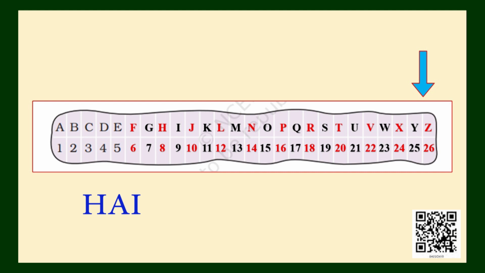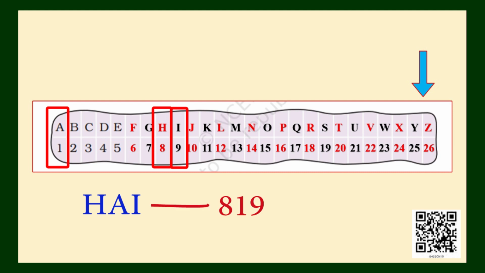In place of H, I can give the number 8, right? And in place of A, we are giving the number 1. And in place of I, we will give 9. So what will be HAI in the form of numbers? It will be 8, 1, 9. So if you say 819 to someone, it is nothing but hi.